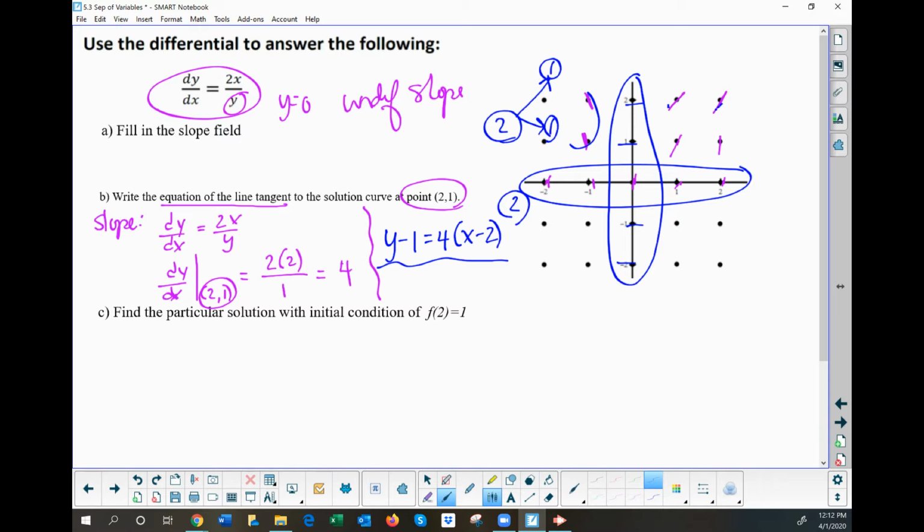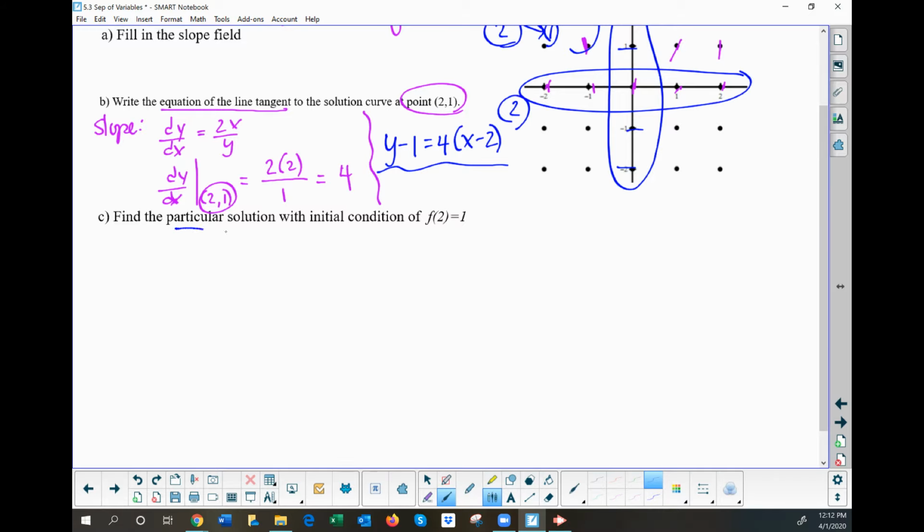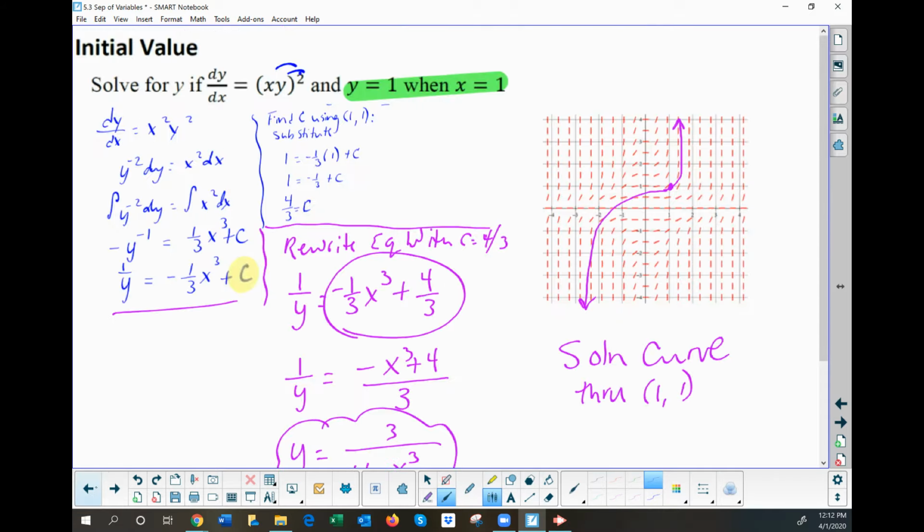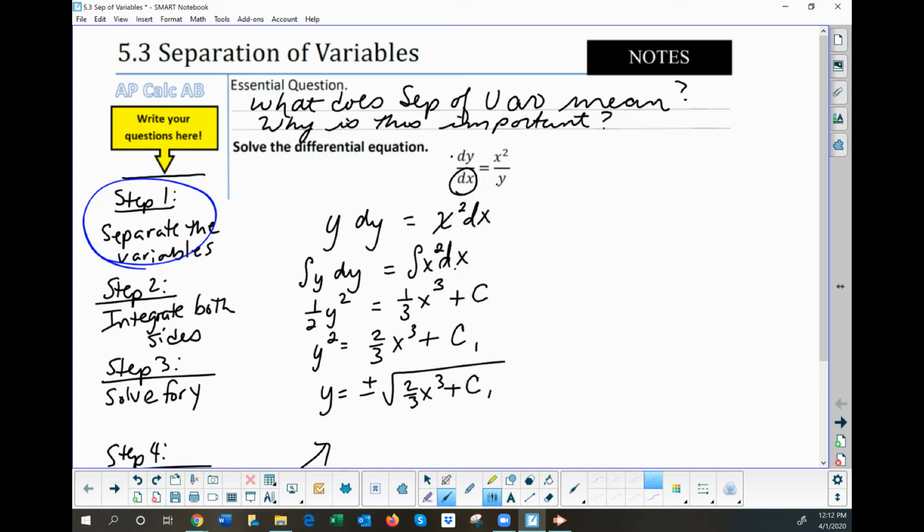Now comes the biggie. On the free response questions, finding the particular solution has a lot of points attached, mainly because I'm trying to get back to the very first screen. They assess a point for separating variables. They assess 2 points typically for integration. The integral of each side is typically given a point.